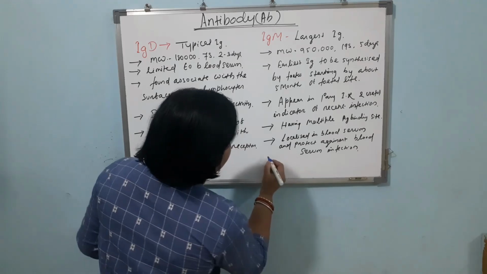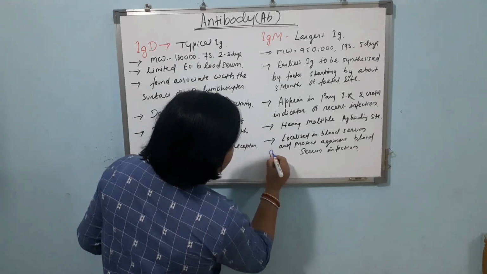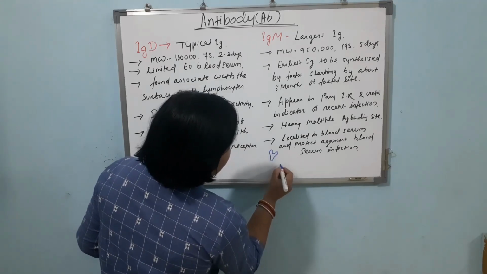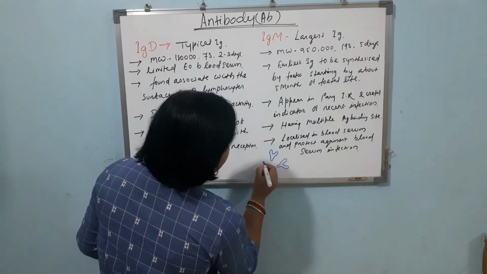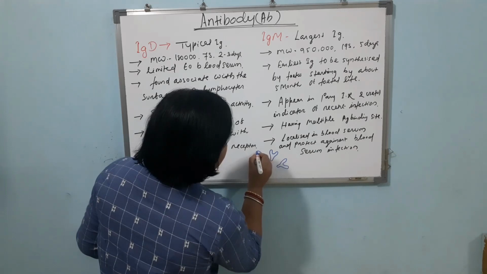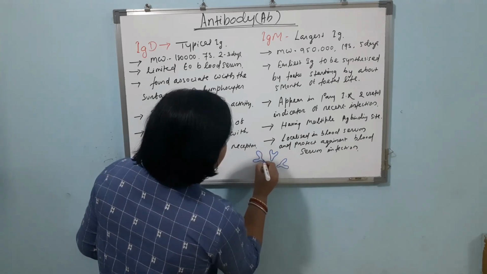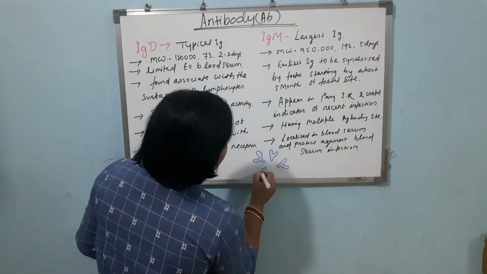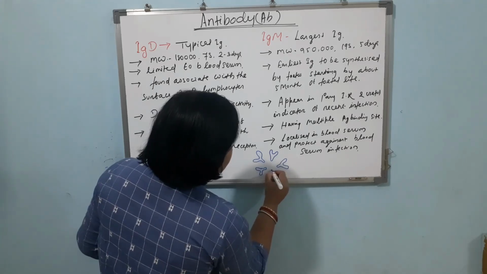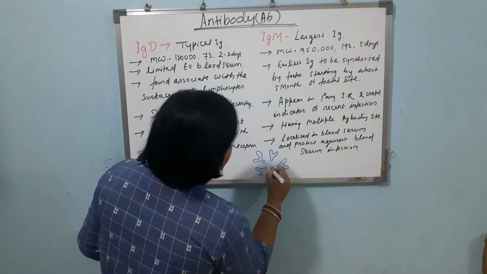Suppose here I can make, this is one monomer, this is another monomer, this is the third monomer, this is the fourth monomer, and this one is the fifth monomer.